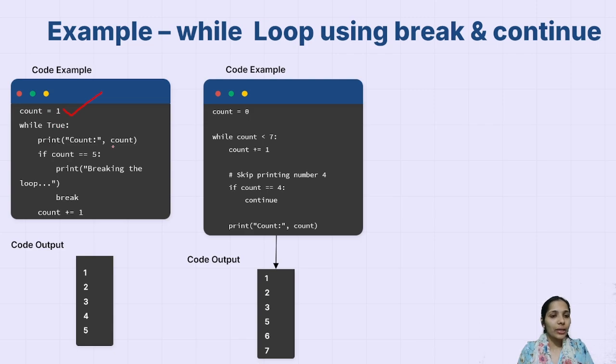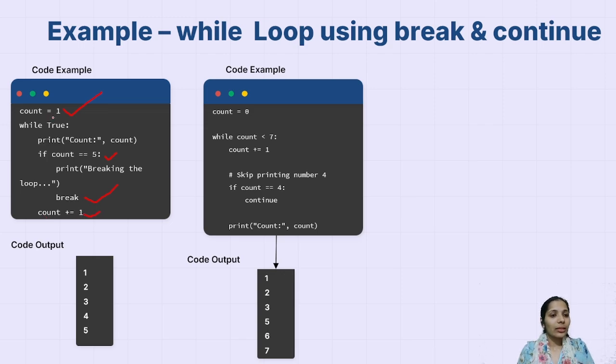You have to print the count, that is the first number. Then if the count is equal to 5, you have to break the loop. We're printing the breaking of the loop, and it will break the loop. Otherwise, increment the count. So this is how it works.